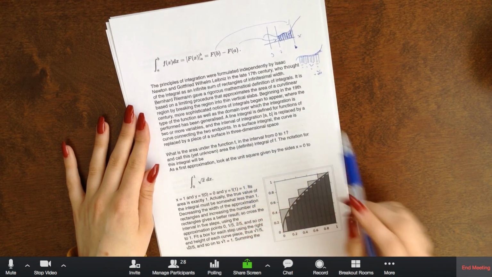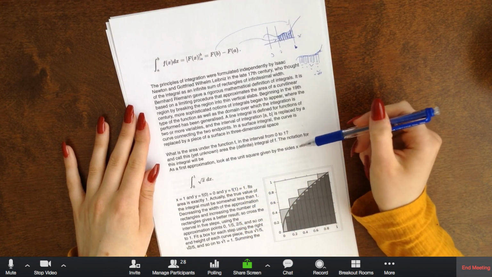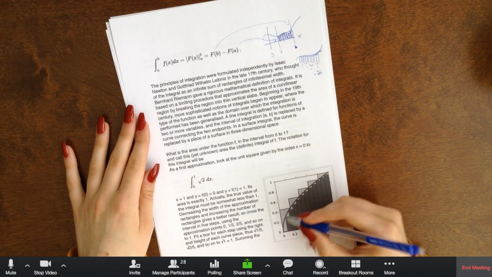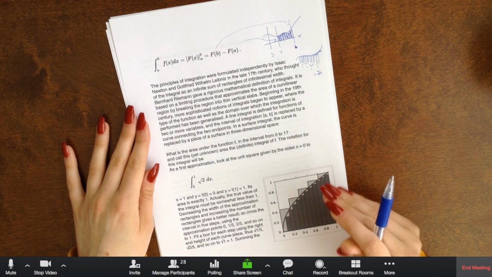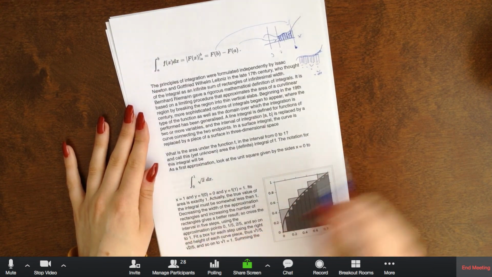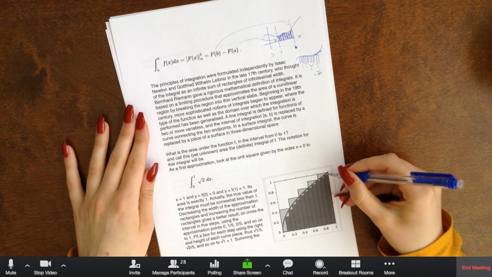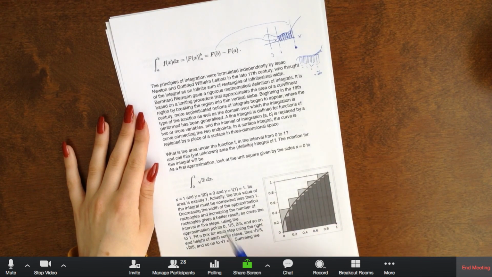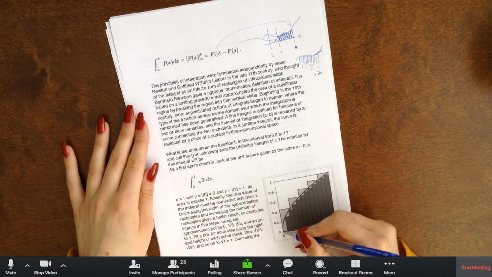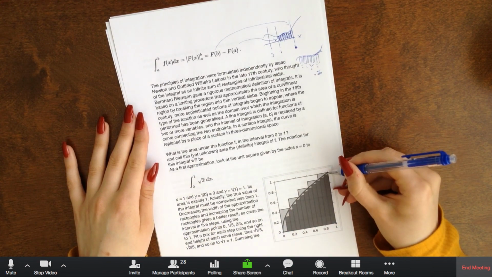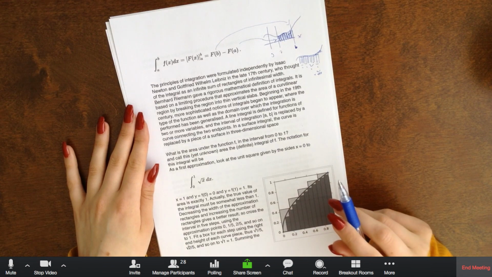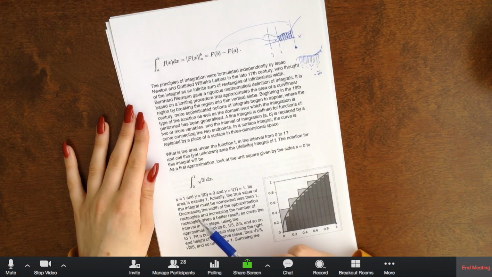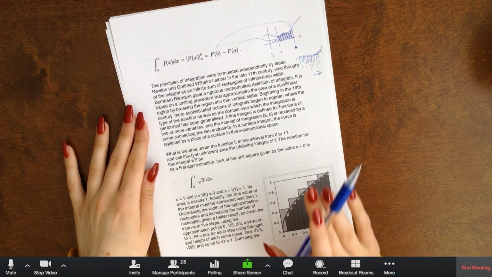Let's look at the unit square given by the sides x equals 0, which we have right here, to x equals 1. And then the function value right here is 0, and right here it's 1. So, like it states here, the area is exactly 1.